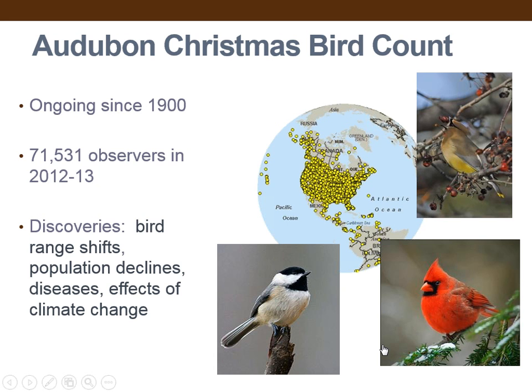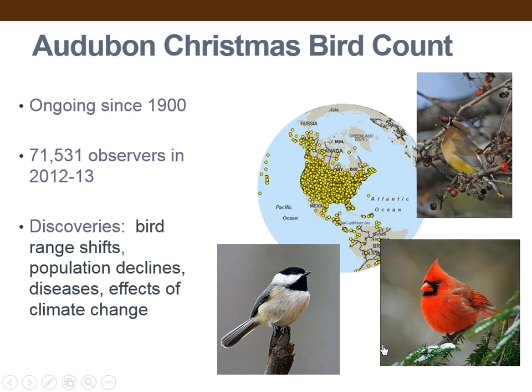And so I want to make clear that in many citizen science projects, we're not just talking about citizen science as an educational tool that helps participants become more familiar with science, but we're also talking about situations like the Christmas bird count where the participants are producing science that's leading to new discoveries.